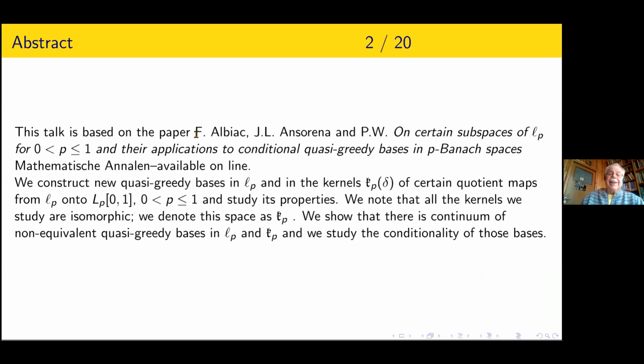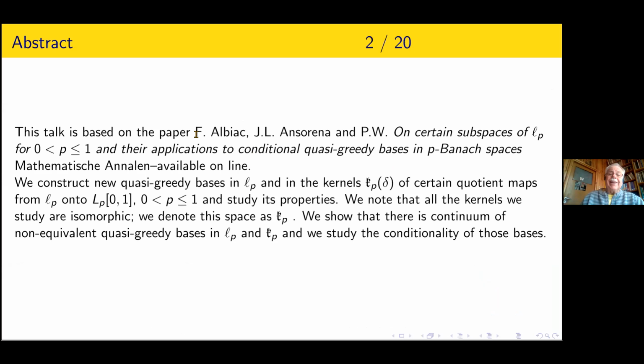Now, the basis is quasi-greedy if those operators are uniformly bounded. In other words, for each m there is an operator, and we want that for each x and each m, this is uniformly bounded by this estimate.